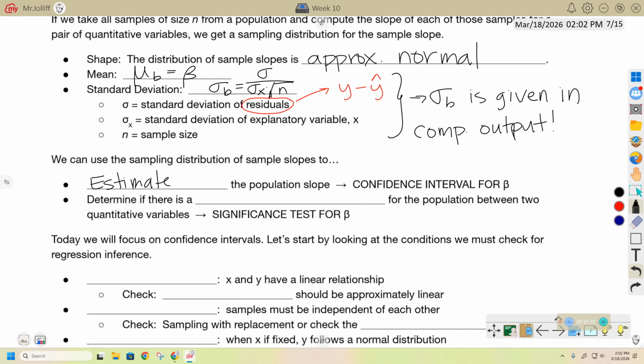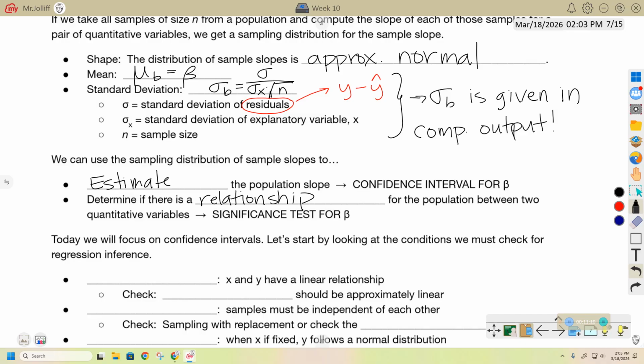The other thing is I can test claims about the relationship between two quantitative variables using a significance test for the slope. So this looks like that test for independence for categorical variables, similar idea. I am looking at whether two variables are related by testing claims about a slope.